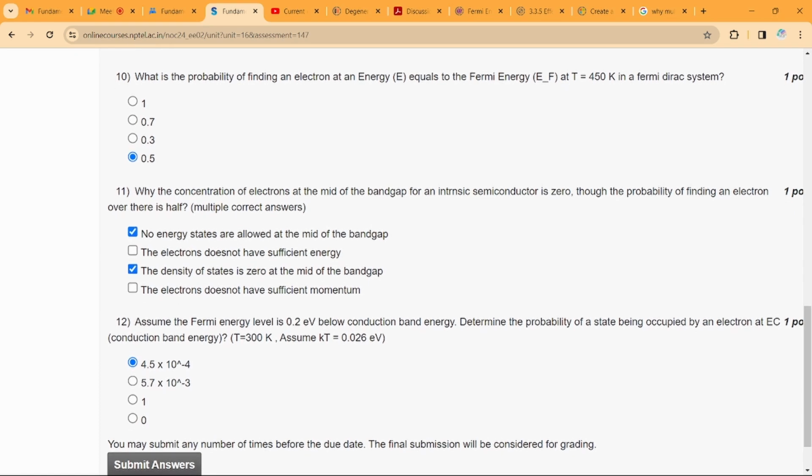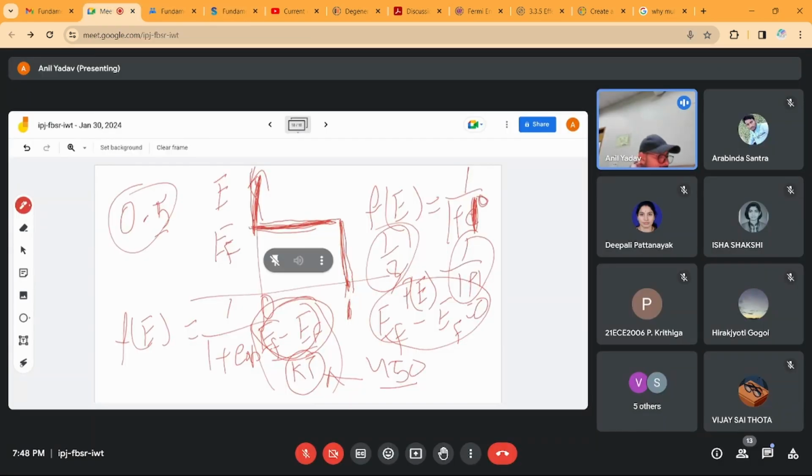Actually, whatever the temperature, the probability is always 0.5 at EF. The electron may or may not occupy an energy state there. So that is the 0.5.